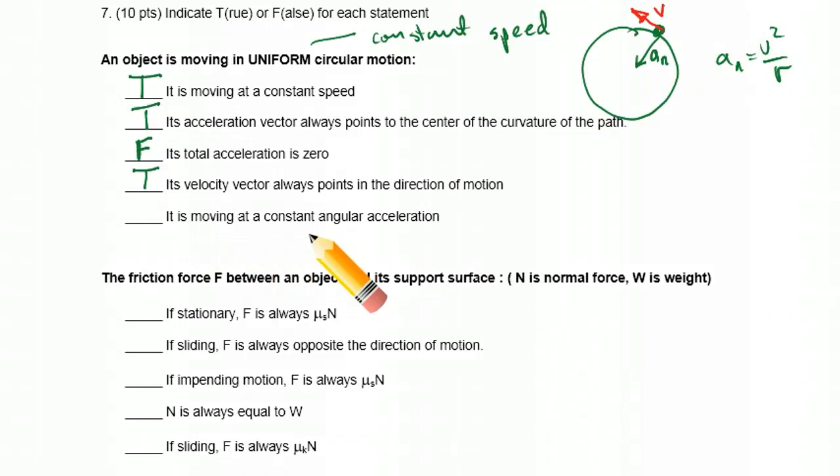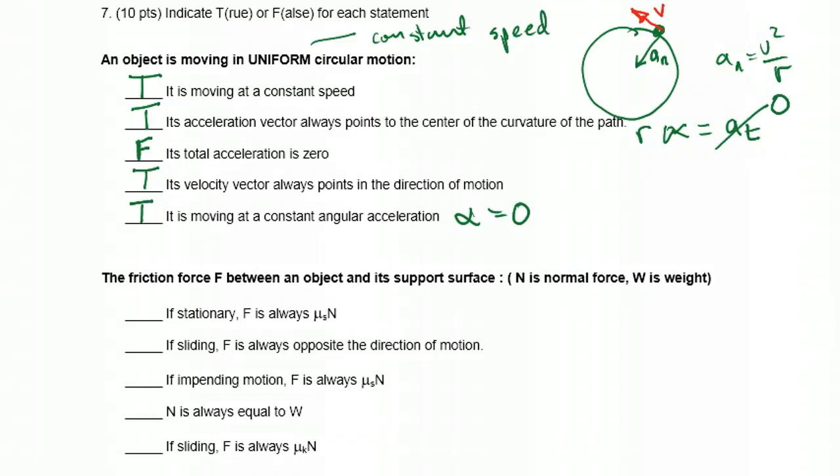It's moving at a constant angular acceleration. So angular acceleration sounds like a little bit of a tricky question here. Alpha times r was the tangential acceleration, but we said the tangential acceleration is 0, so that's a constant angular acceleration.